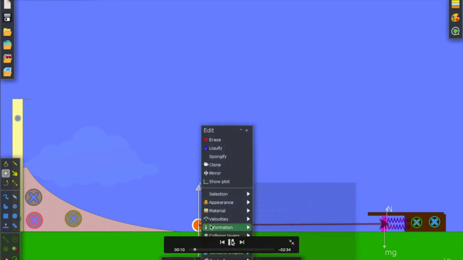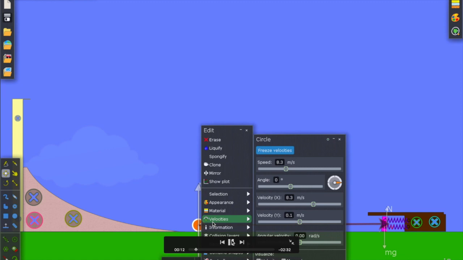I checked, and the velocity at the bottom of the incline was 8.3 meters per second in a frictionless situation. This means that the final kinetic energy of the ball is 17.2 joules, which is about 6 or 7 joules less than the initial energy of the ball before it was dropped.